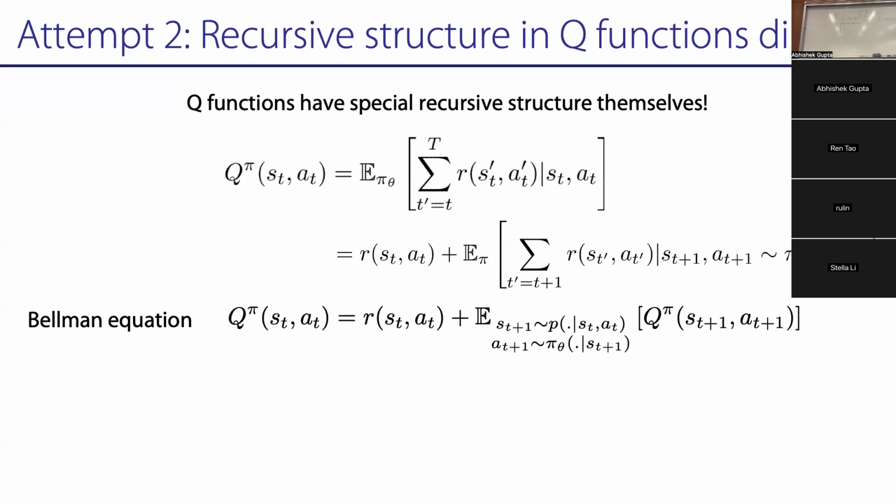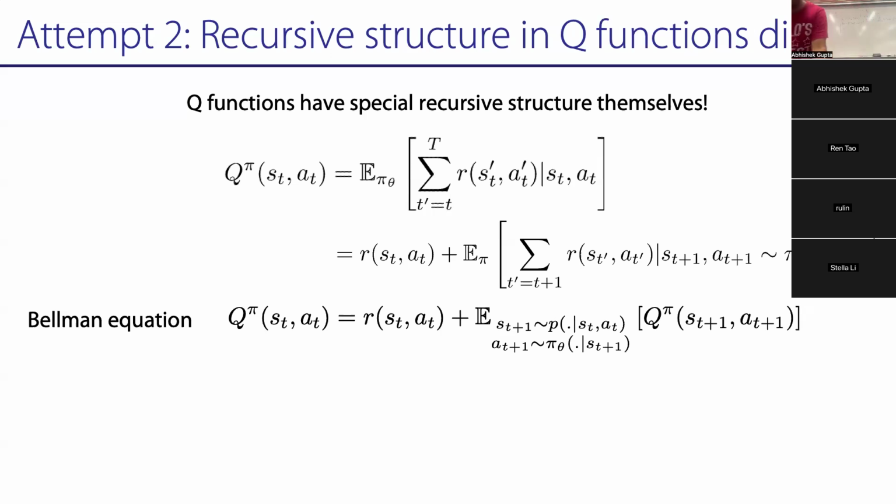So this thing is not quite the Q function, it's the average Q function. And so your Q Bellman update is going to be Q^pi(s_t, a_t) is your first reward, plus the expected Q in the future, where the expectation is taken for s_{t+1} from your dynamics and a_{t+1} from your policy. Does that make sense?